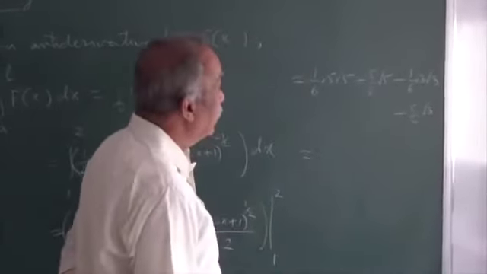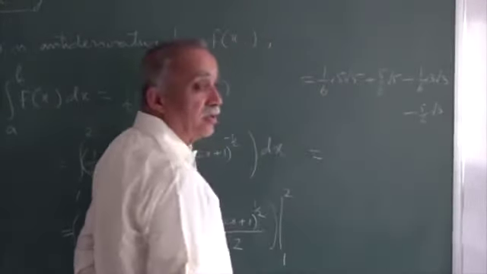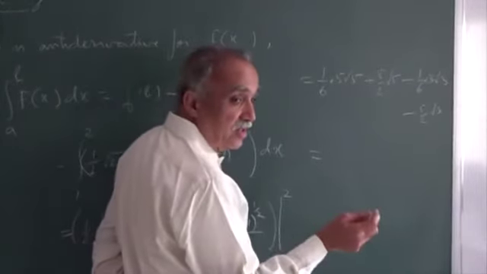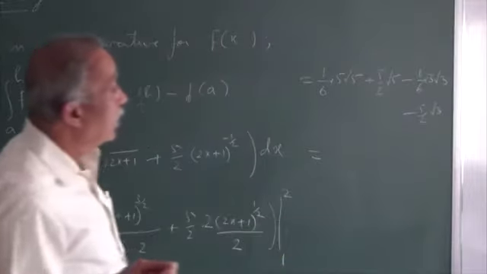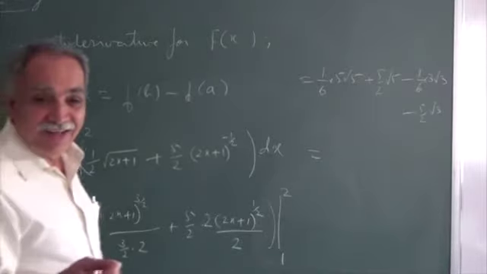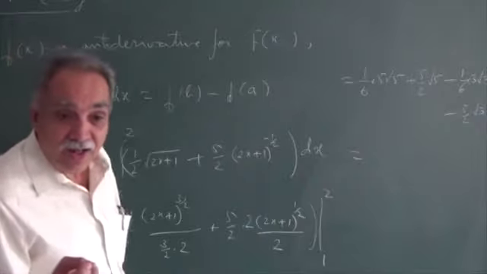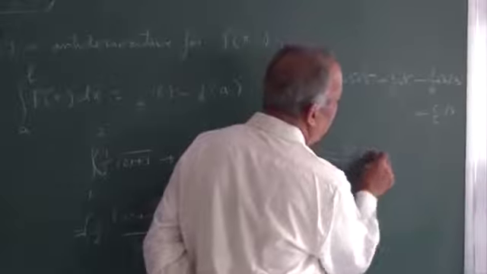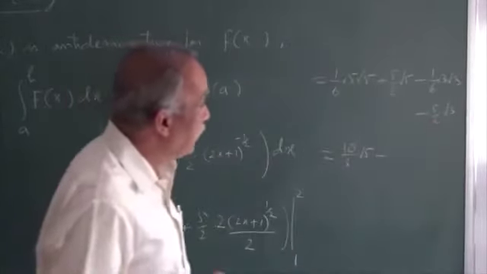Any simplification? 5 by 6 plus 5 by 2 is... yes. 10 by 3 root 5, minus these two clubbed together, 3 by 6 or half, minus 5 by 2.